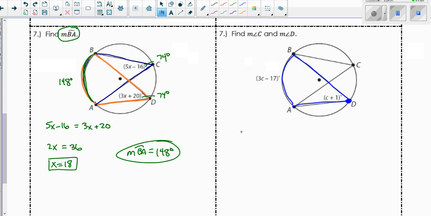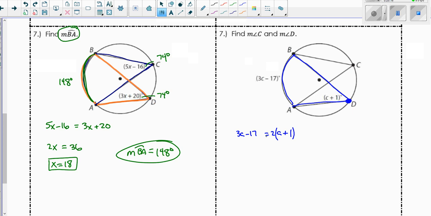You could always start by setting it up and say, okay, 3c minus 17 equals c plus 1. That's not the case. But you know that you can take half of this to equal this, but half is always harder to do than saying that if I take 2 of these, it becomes 3c minus 17. But you'll get the same answer.